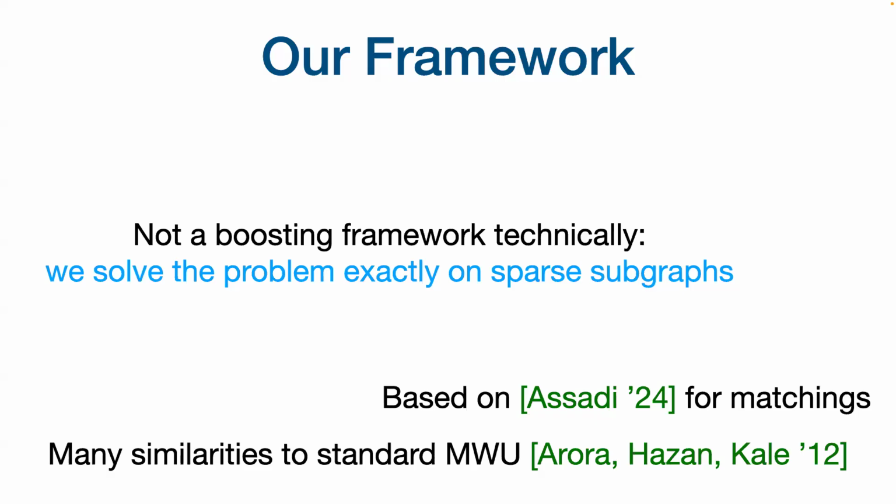We can view this framework as: you have too many edges, you don't know what to store, but then you find relevant edges to store, focus on them, gain some information, find some other relevant edges to store, and move through doing this for multiple passes. This is based on Assadi 24 for matchings. And now there are a couple more results for general LPs which do this kind of sparsification. There are a lot of similarities to the multiplicative weight method, and we can talk about this later if someone is interested.